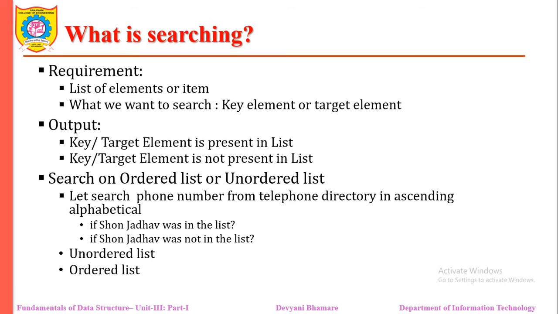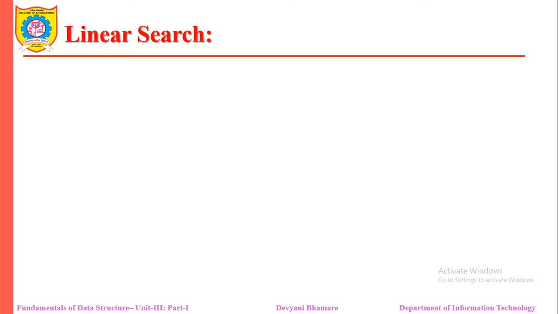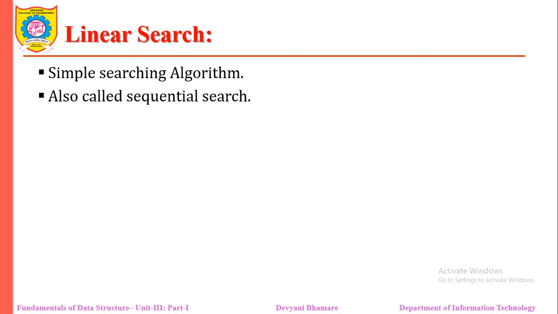And if the elements are not in order, then how does the searching work? Let me start with linear search. Linear search is also called sequential search. Sequential search is used when the list is not sorted. This is a simple searching technique.